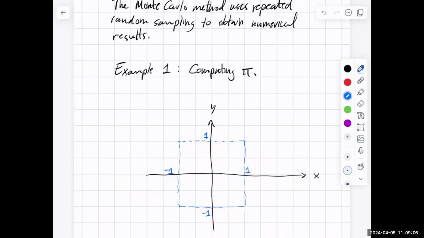So the sides are length 2. And then inside, I want to draw a unit circle. A unit circle is a circle with radius 1, and so it fits inside the square. I'll try to draw my unit circle. It looks something like this. Okay, so that'll have to do. And this circle has a radius of 1.